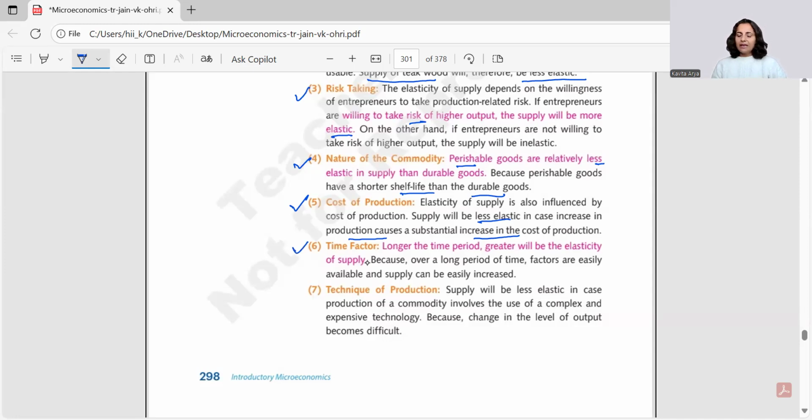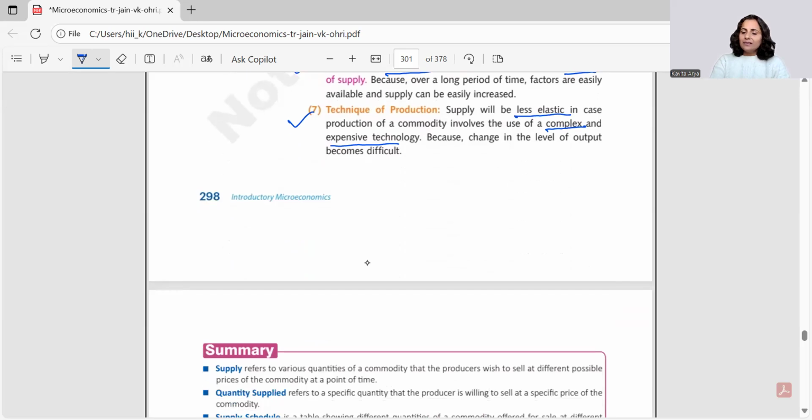Time factor, the same as we explained in demand also, that longer time always gives you more elasticity, more scope of change. And the technique of production, wherever complex and expensive techniques are to be used, these are less elastic, and wherever easily available cheaper techniques are to be used, those are more elastic. Any producer may begin any day, right? So that will help you enhance the supply.